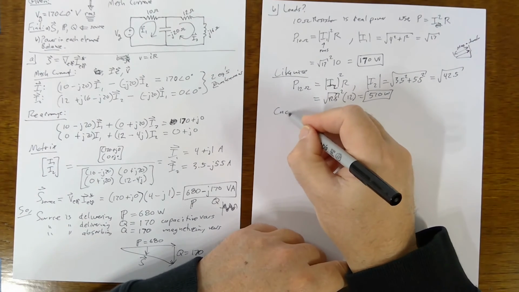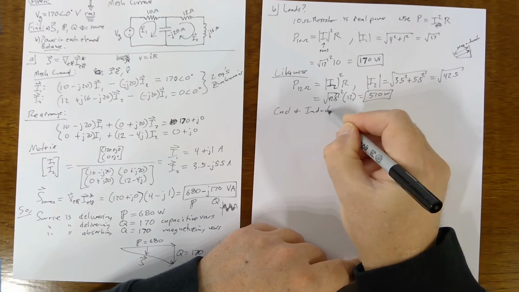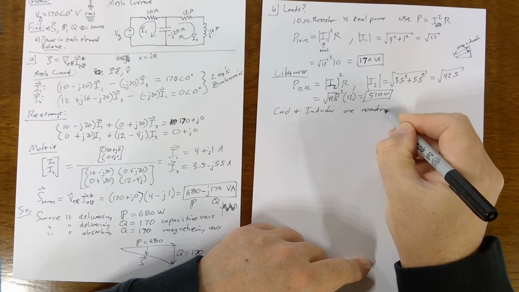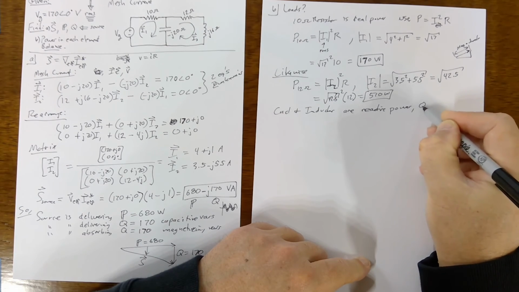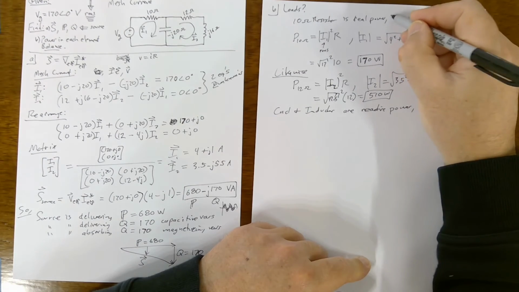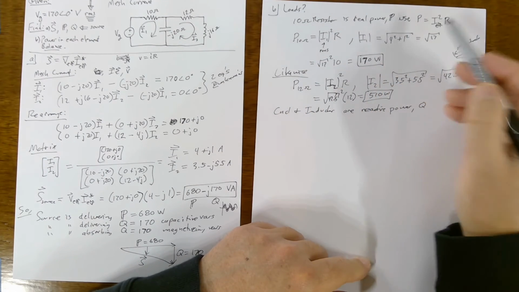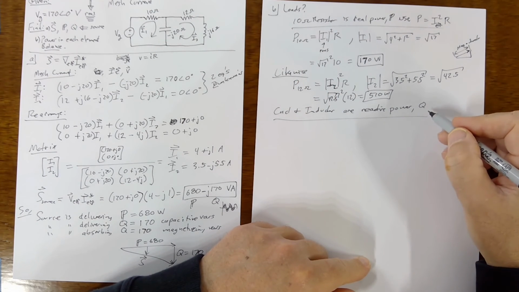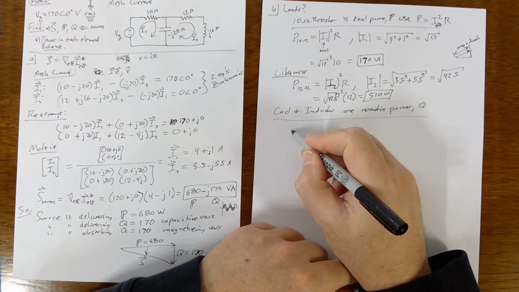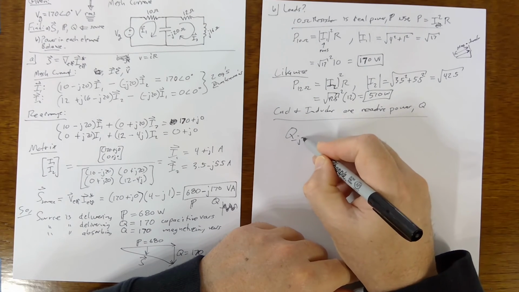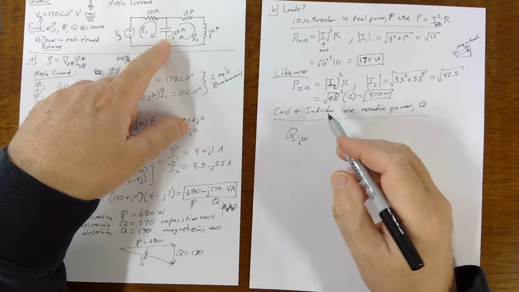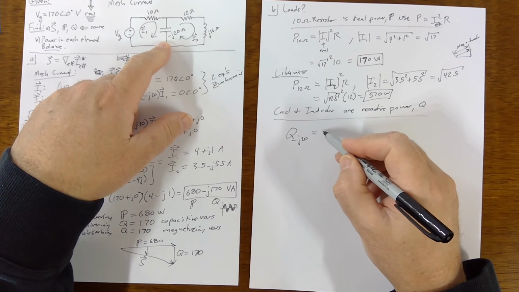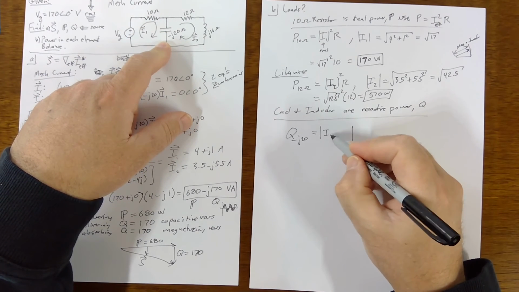Okay, now the cap and the inductor, these are reactive elements, reactive power Q. The resistors are real power P, and the cap and inductor are reactive power Q. So here, the reactive power in this guy, we need the branch current, which is I1 minus I2.